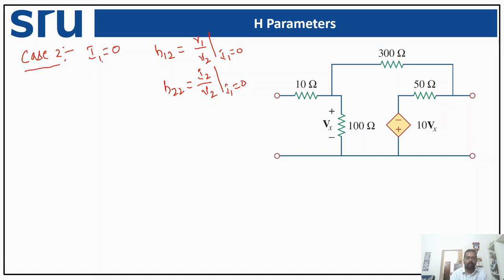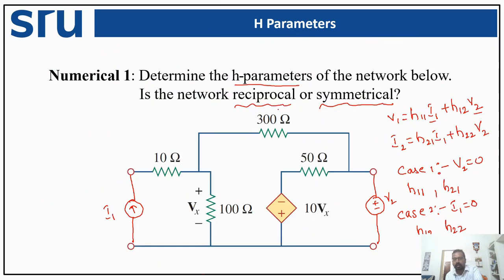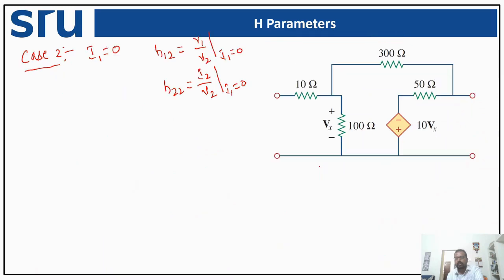So what we are trying to do? For the given circuit, we are trying to make I1 equal to 0, nothing but we are trying to deactivate this particular source, and we are keeping this voltage source V2 as it is. So let us draw or complete this circuit. This is the condition where we have I1 equal to 0, with V1 plus minus.